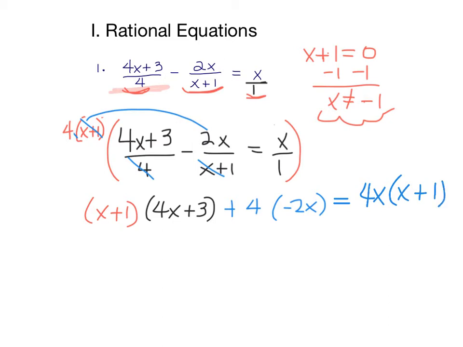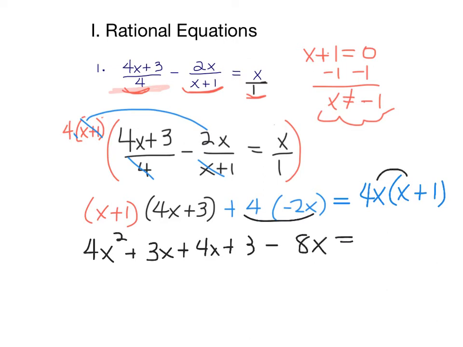So now I have to FOIL the beginning and multiply. So the first multiplication is a FOIL problem. So I get 4x squared plus 3x plus 4x plus 3. Then I'm going to multiply these two and get negative 8x.